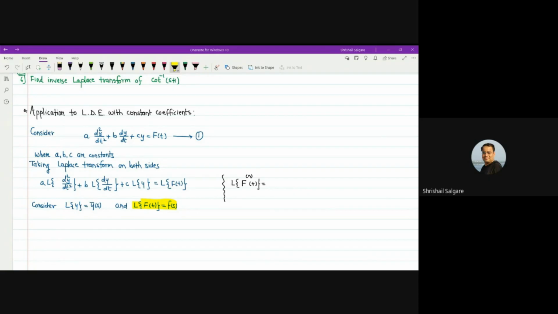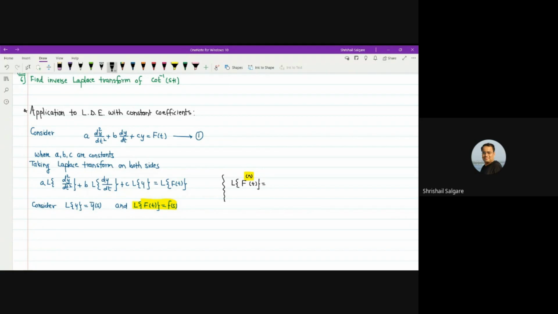This n is nothing but the derivative. You have to refer to the Laplace transform of the nth derivative. It is not a power, it is not t raised to n; it is the result for the derivative of f of t. I will write it, you verify at least.